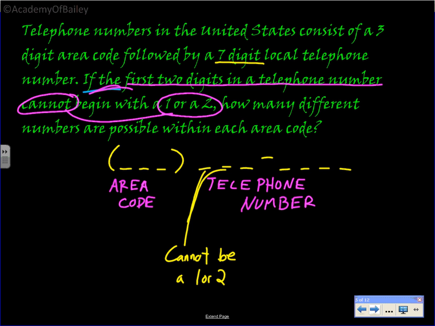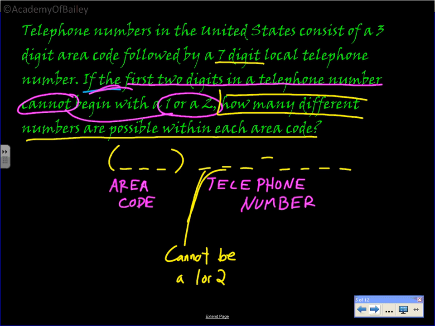All right, so now that we got that figured out, let's go ahead and answer the question. The question says, how many different numbers are possible within each area code? Well, we don't need to worry about how many different area codes there are.